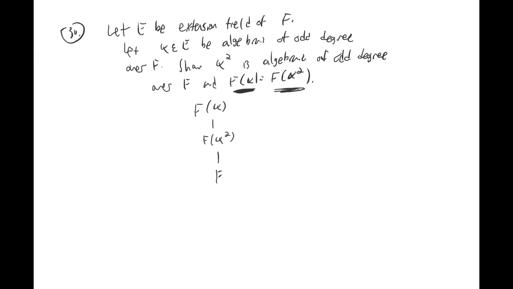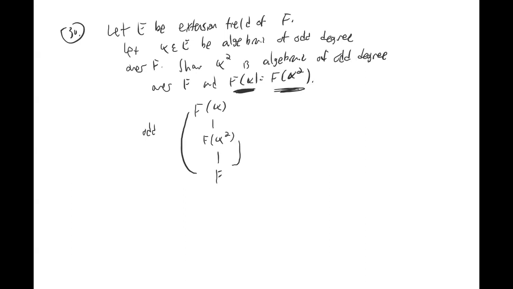Why is alpha squared of odd degree? It tells me alpha is algebraic of odd degree over F. So this whole thing is odd. So why does this have to be odd? This is just an odd-even argument.